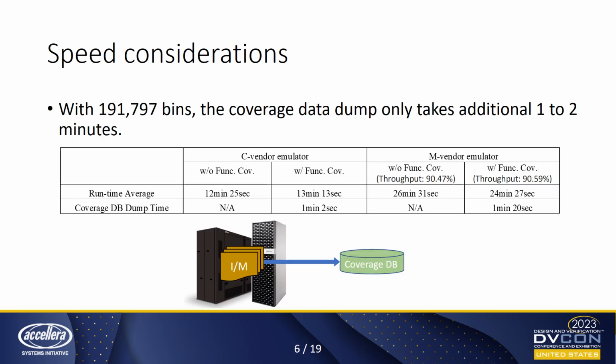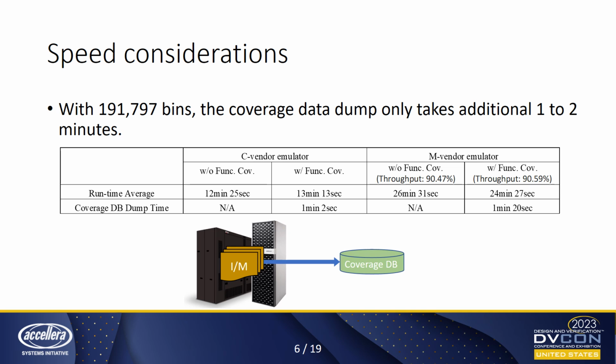And for the speed reduction, based on our experience, it took only 1 or 2 additional minutes to dump coverage data. The values in this table were measured when we used 2 kinds of emulators. During emulation, the coverage data is stored in internal memory in the background.